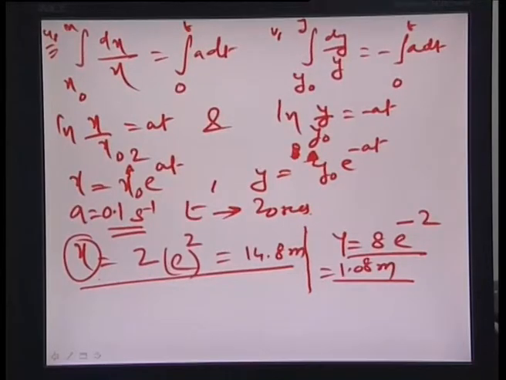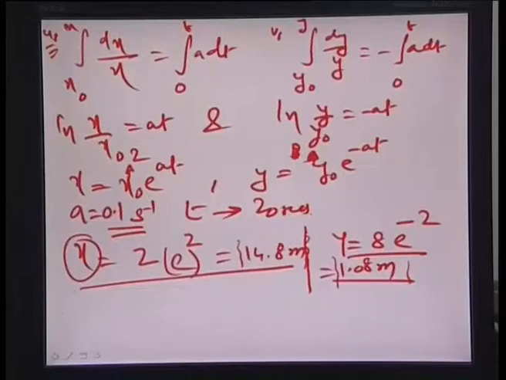So, if the particle is moving at the velocity ax i cap minus ay j cap, and it was supposed to be at time t equal to 0 along the streamline, at a point x0 y0 with x y equal to 16, then from the relationship between x, y and t we find out that the new positions x and y of the particle would be 14.8 meters and 1.08 meters.